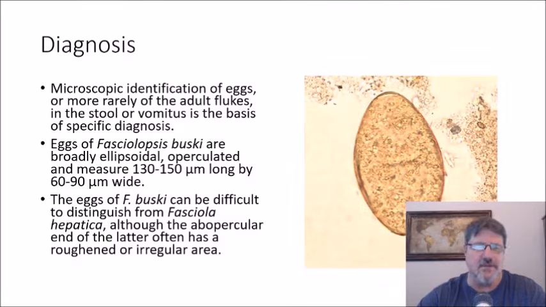Very, very similar to Fasciola hepatica. The eggs of Fasciolopsis buski can be difficult to distinguish from Fasciola hepatica, although the abopercular end of the latter often has a roughened or irregular area.